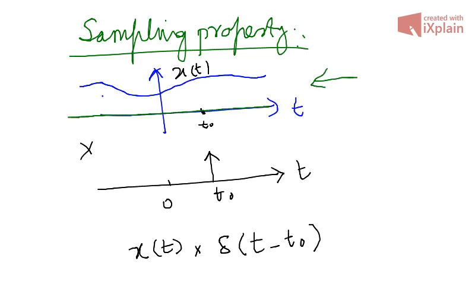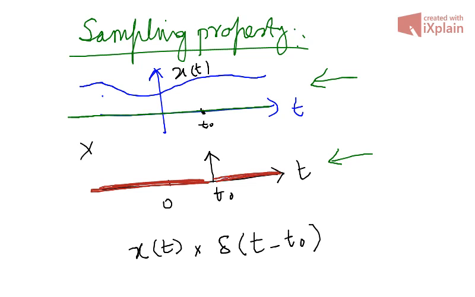it has some values. At every instant the value is changing. But you can see the second function has 0 value towards the left side of t naught, and it has 0 value towards the right side of this t naught. So if you multiply any signal with a 0 in this time instant, you would get 0.